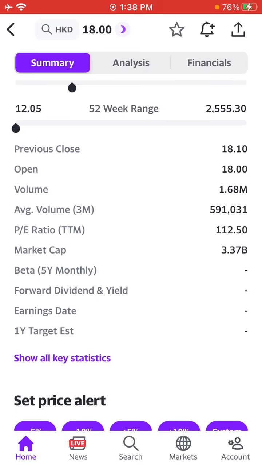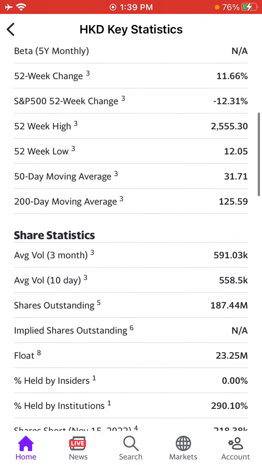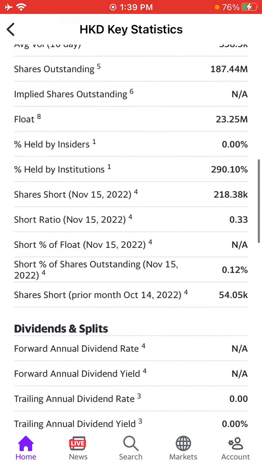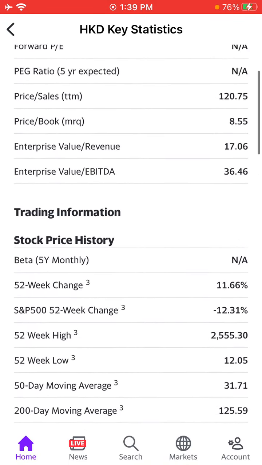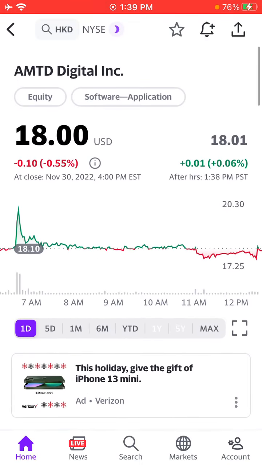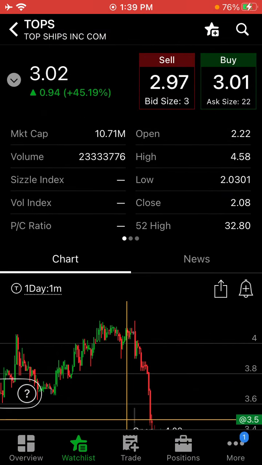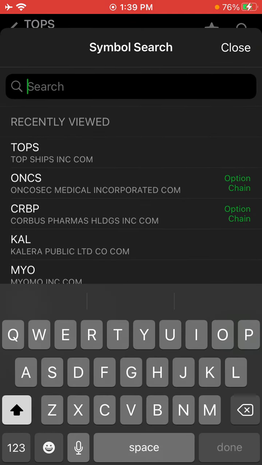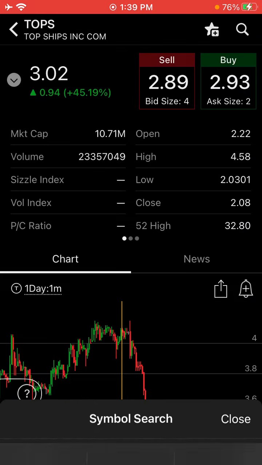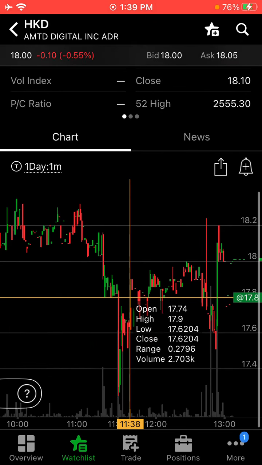So at first, when it was an IPO, now I think they'll show you the float. Let's just say when it's an IPO stock and it just went into the market. So let me say HKD.